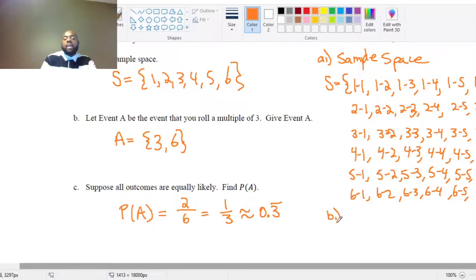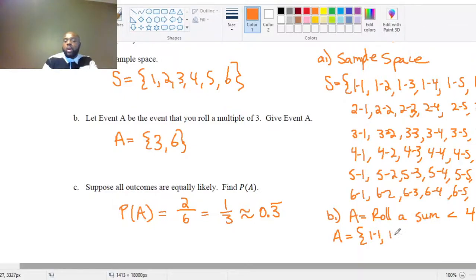And so part B, let's let event A be the event that we roll a sum less than 4, right? Event A is going to be the event that we roll and we get a sum that's less than 4. So I'm going to list all the elements in event A, right? Well, if I roll a 1, 1, that sums to 2, so that's less than 4.